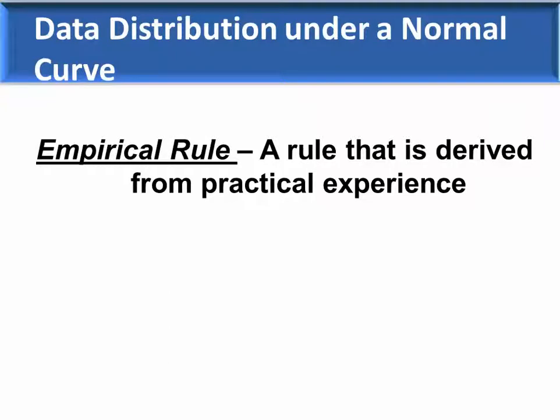This is probably going to be very different from what you've seen in math or science before, where everything has to be proven. Again, this is not a proven thing. From one curve to another, it's not 100% true, but it's close enough for all of them that we use this empirical rule when we talk about the percentages that fall under the curve.